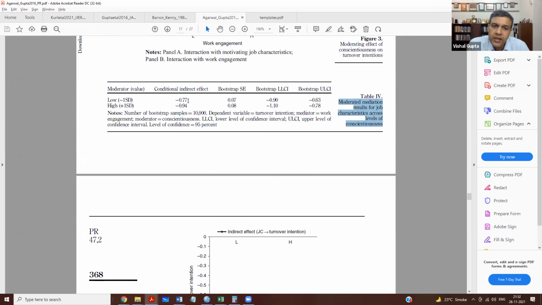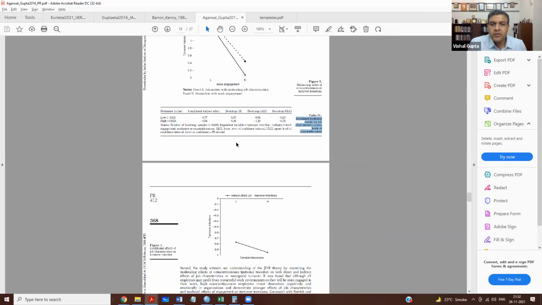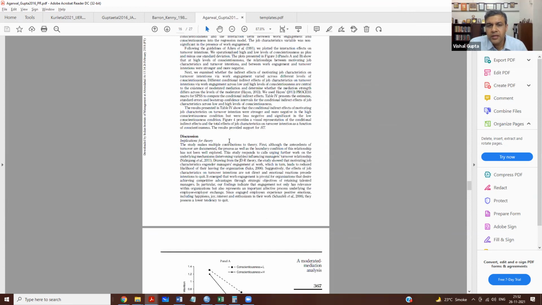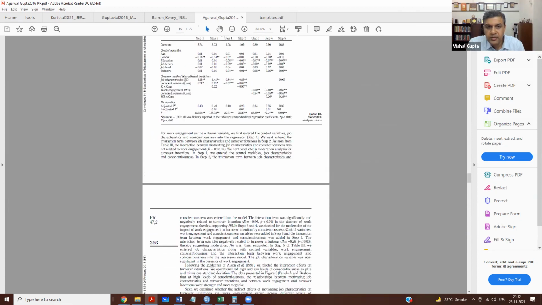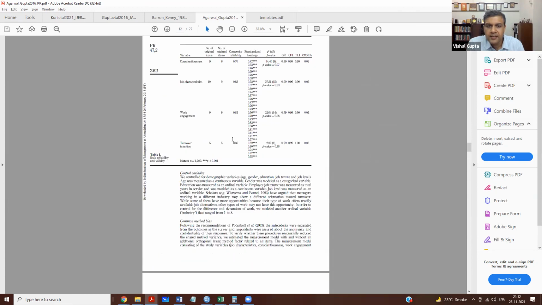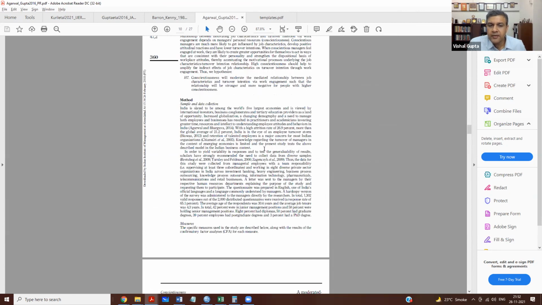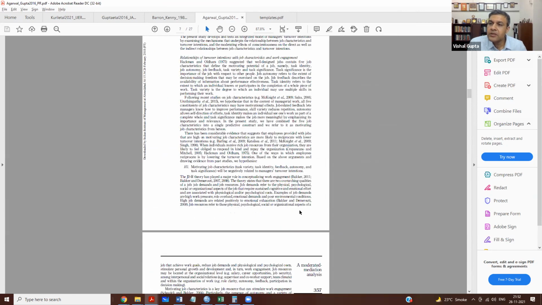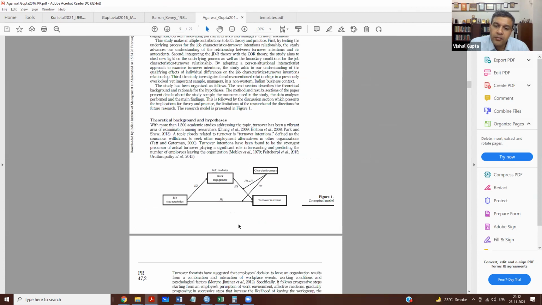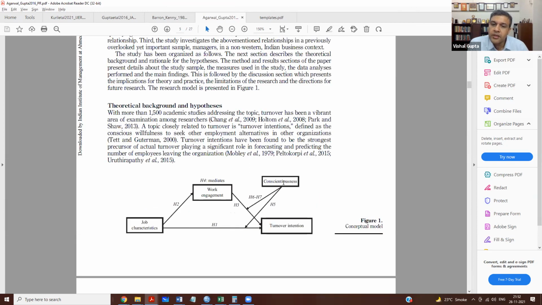Okay, and you show that the indirect effect also changes. You report the confidence interval. Okay, so this is typically what is reported. You have diagrams like these, or conceptual diagrams like these, where you are saying that the process that we were talking about is conditioned on certain variables, right?